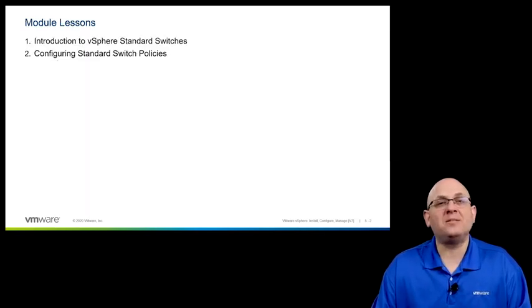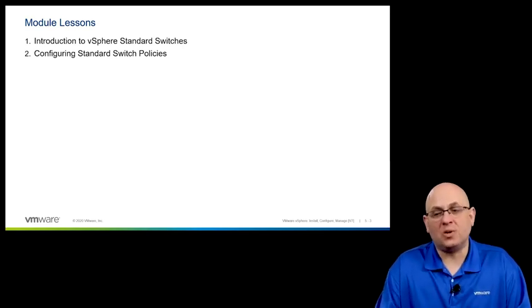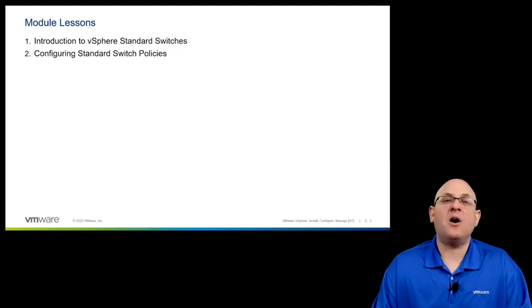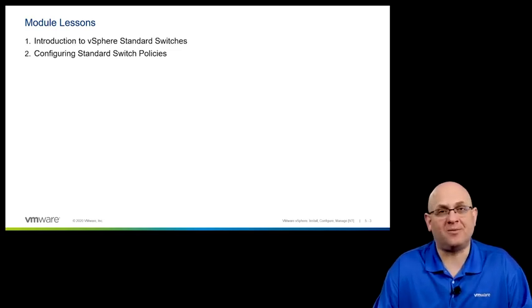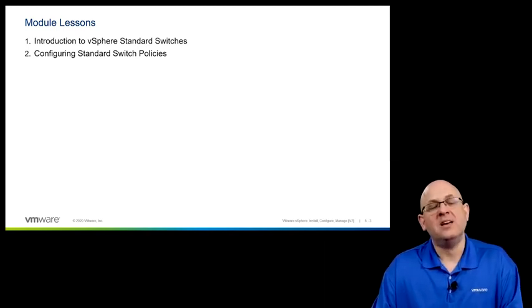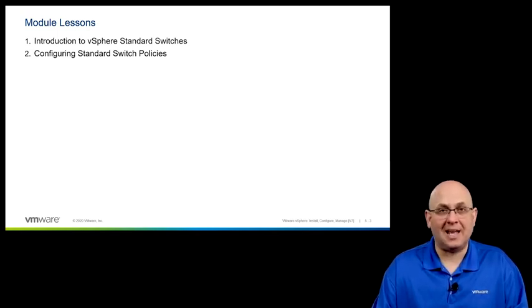We're dividing this module up into two different topics. And the first one is the introduction to the vSphere standard switch. Now, by default, vSphere comes with two different types of virtual switches, the standard switch and the distributed switch. The distributed switch is limited to those with Enterprise Plus licensing.